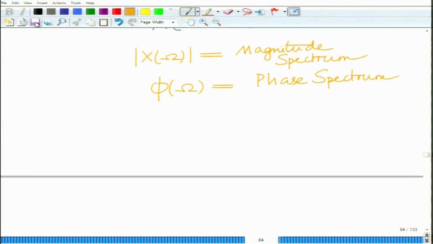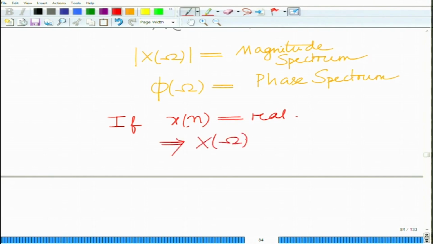Now further, if the sequence x[n] is real, this implies we have X of omega equals X conjugate of minus omega, similar to what we have seen for the Fourier transform also. X of omega is X conjugate of minus omega.